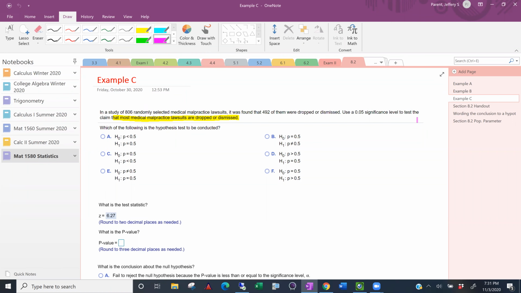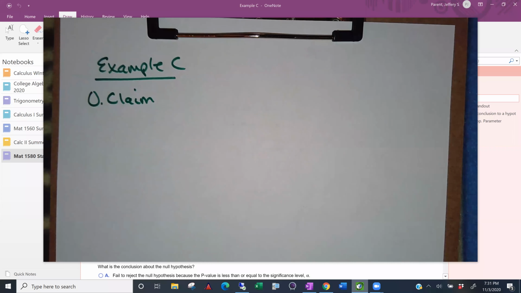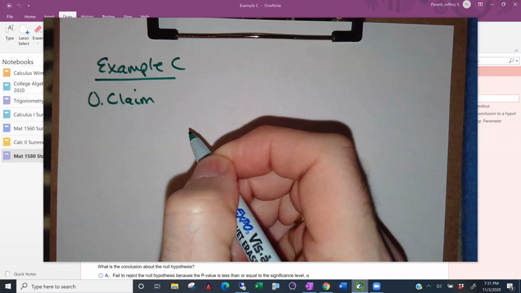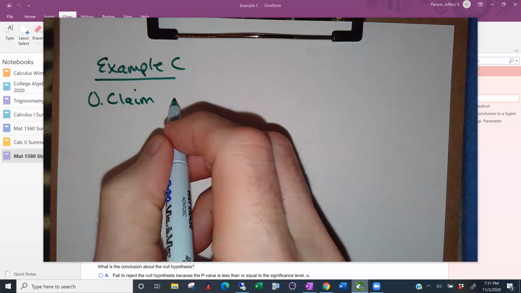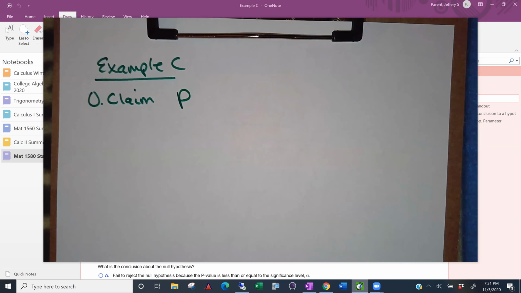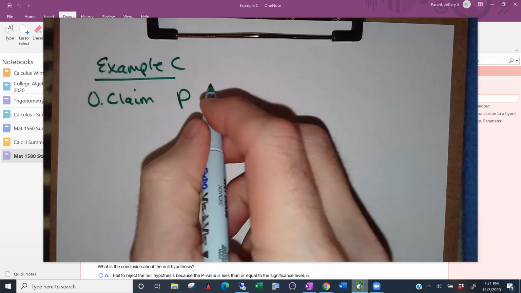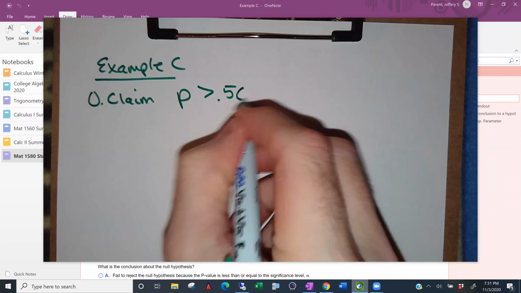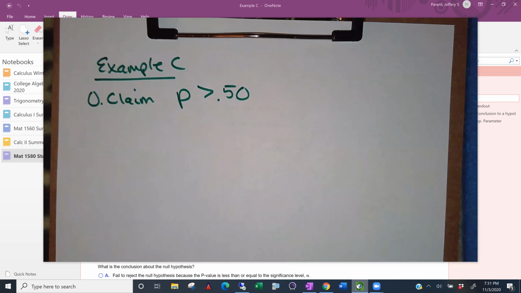So our original claim: most lawsuits are dropped or dismissed. When you're talking about most, you're talking about a percentage, so you have to be talking about p. The percentage that means most is when you're greater than 50%. So that's our original claim.